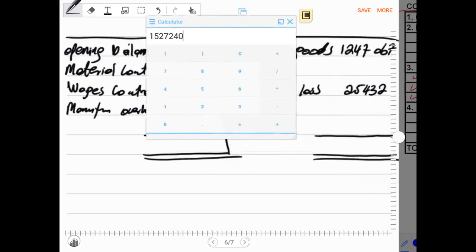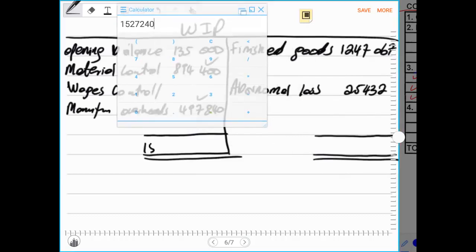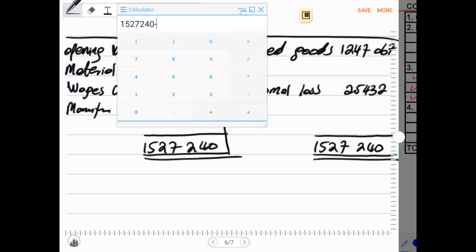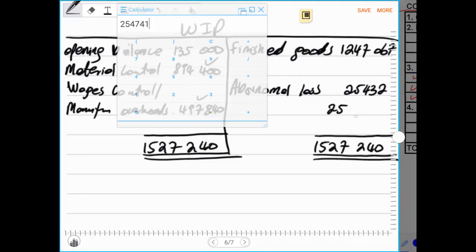That will be 1,527,240, minus units that were finished, 1,247,067, less 25,432. Then that will give us 254,741. This is our closing.